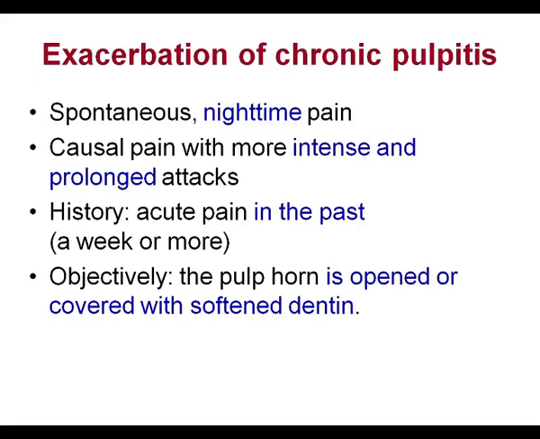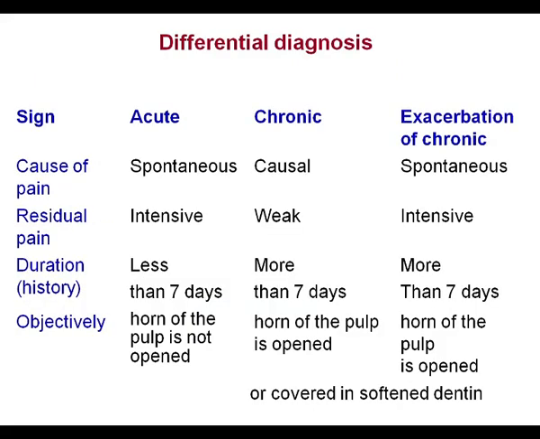For objective characteristic, the pulp horn is opened or covered with softening dentin. And also to differ course of diseases, acute, chronic, or exacerbation, it's maybe according to some points.